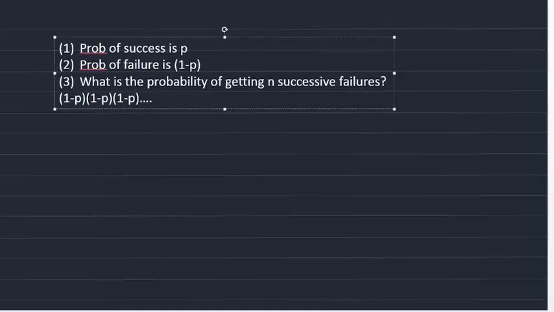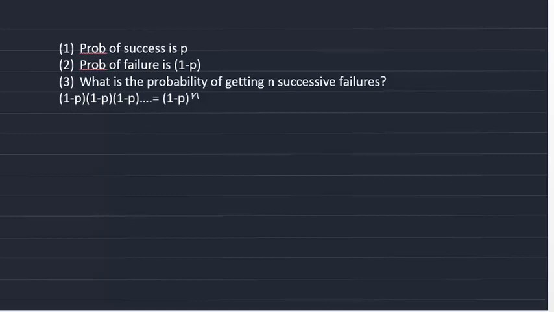We keep multiplying by 1 minus p, and we get 1 minus p raised to the n power. So that's the probability of getting n successive failures.